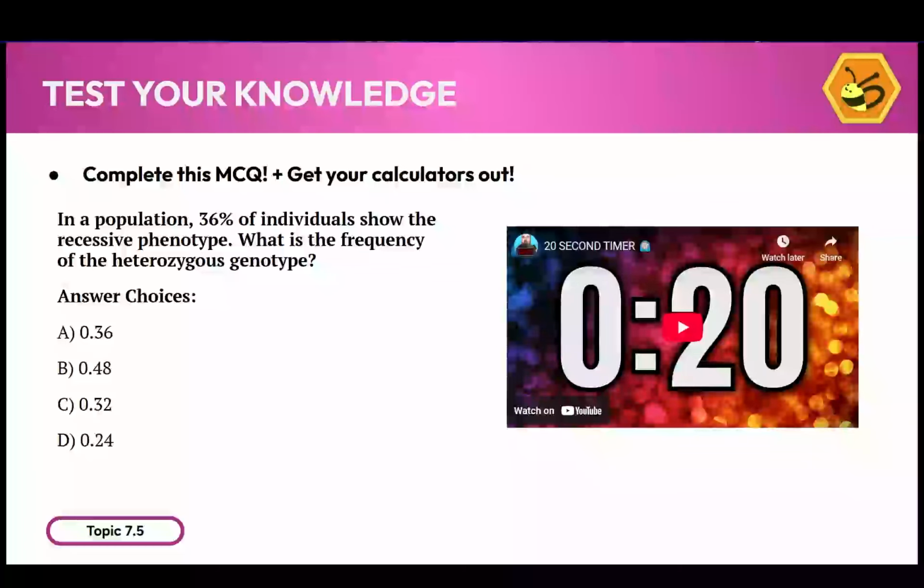If it's just Q, then they'll tell you how many Q alleles there are. It's like in the original problem here. The keyword, if you start with Q squared, is recessive phenotype, or it's implied that it's the recessive phenotype.